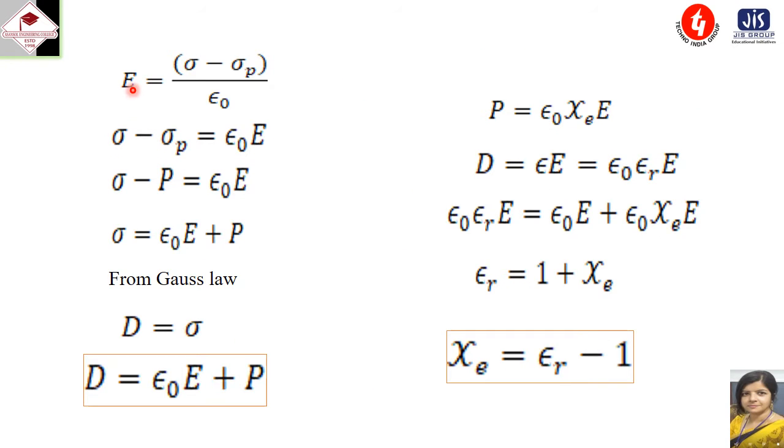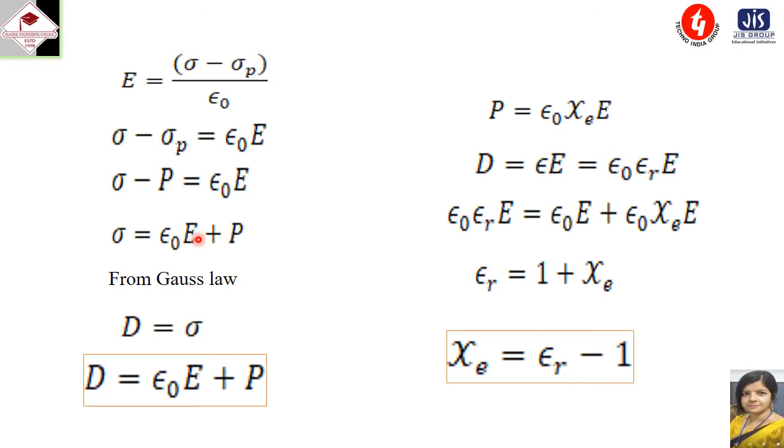Now the same expression: E equals sigma minus sigma P by epsilon 0. So sigma minus sigma P equals epsilon 0 E, that is, sigma minus P equals epsilon 0 into E. So sigma equals what?